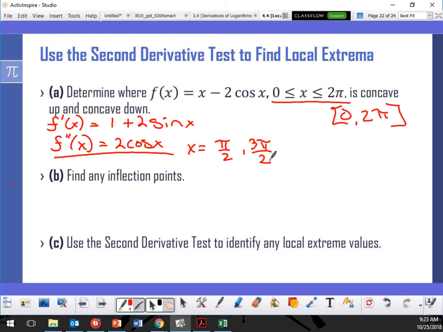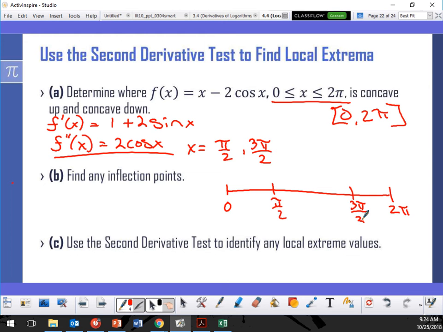So those are going to be my points, right? So now we're going to test for that, to figure out where it's concave up and concave down. Okay, so I have those. Let's see, I'm going to go 0, go to pi. Okay, and I'm going to have pi over 2, and I'm going to have 3 pi over 2 right there.